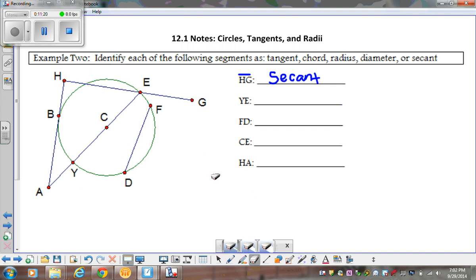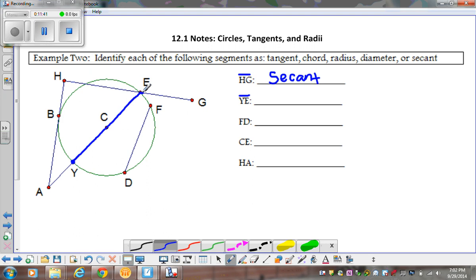So let's look at the second one. YE. So let's highlight this right here. So here's YE. All right, so again, we want to use the most specific term that we can. YE is a segment again, so we'll put this little segment piece right above it.